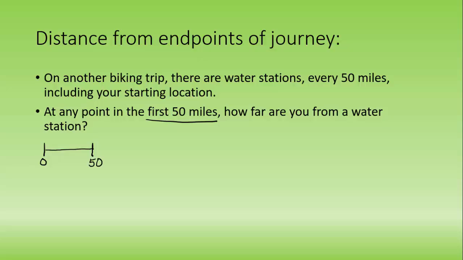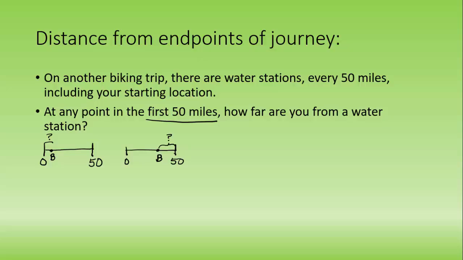Okay, in this situation, you're biking along this path, and instead of looking for the distance between you and some object in the middle, we want to know how far are you from water. And you always want to find the distance between you and the closest water station. Okay, so you might be there, or you might be located somewhere over here, and then we would want to know this distance, right?